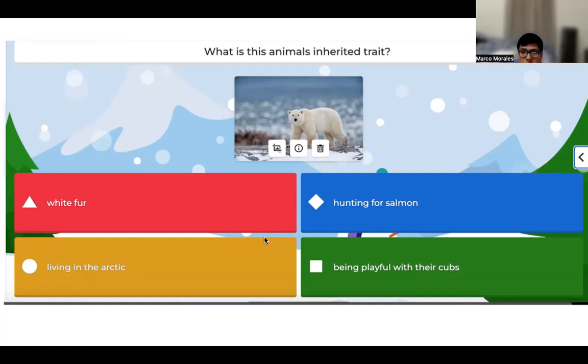Maria, can you explain which one is the correct answer? Exactly. Yes. It is a triangle, the white fur. That is correct. The polar bears inherit white fur because of the habitat they live in. As you can see, it's very cold here in this picture, and the polar bear has white fur to keep themselves warm in the cold climate of the Arctic. Now let's move on to the next question.